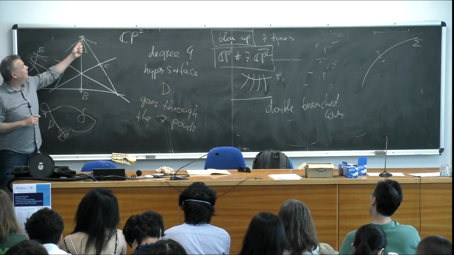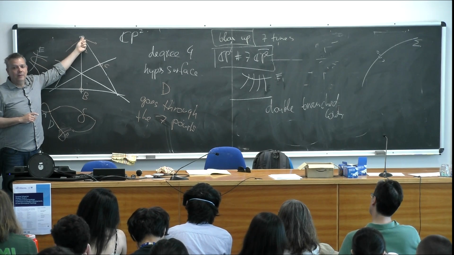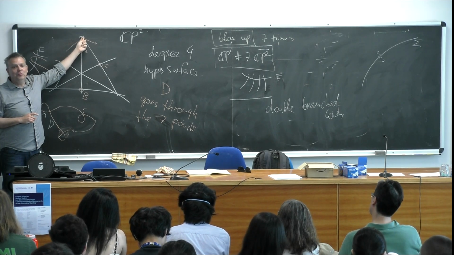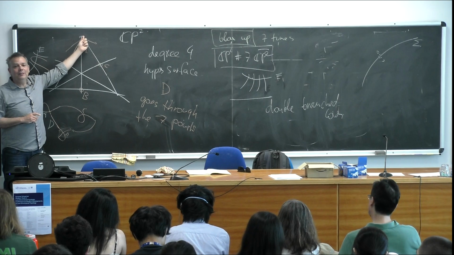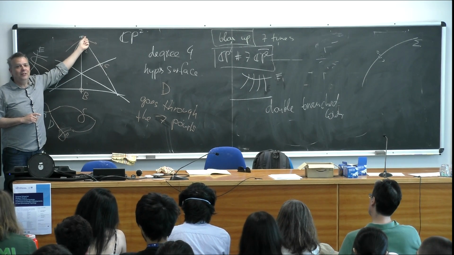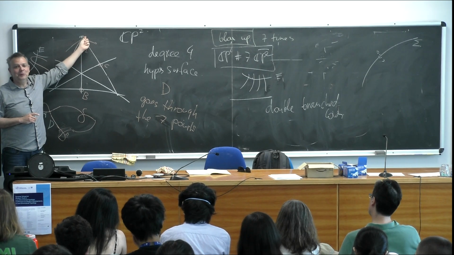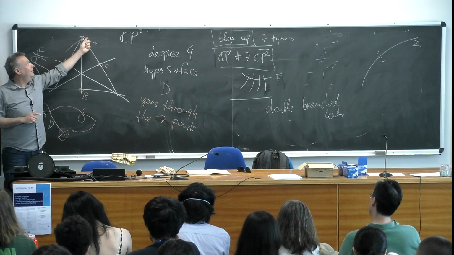So I take complex lines through a point, right? That would be easier to think about in C2 first, but it also works in CP2. So I have lots of CP1s going through that point. How many CP1s? As many as the different directions I have. So I guess a CP1 worth of CP1s, or an S2 worth of S2s. They are not disjoint because they intersect at that point.